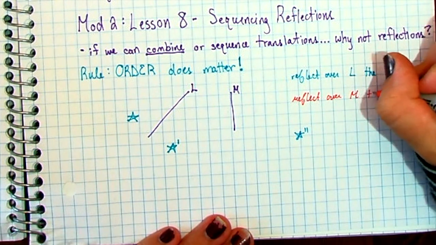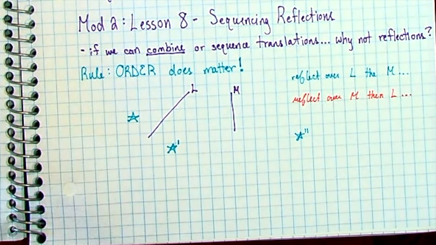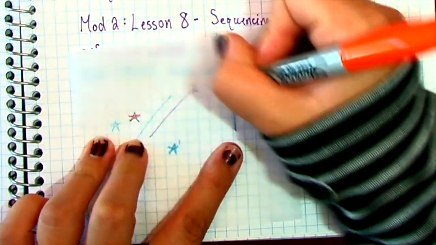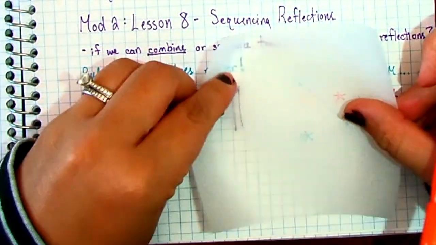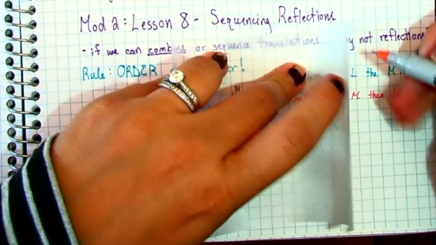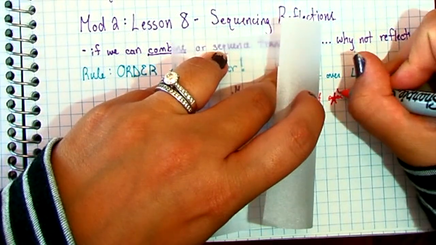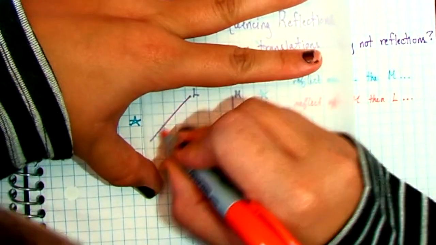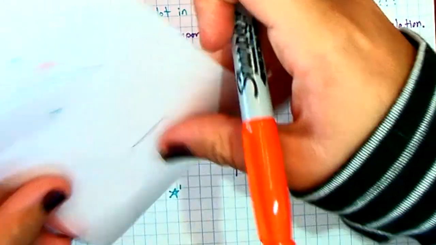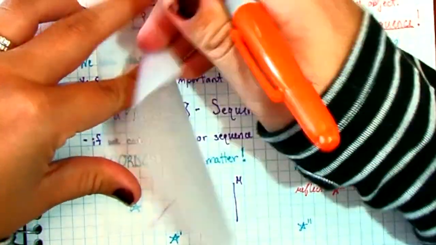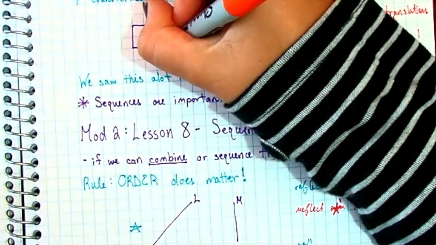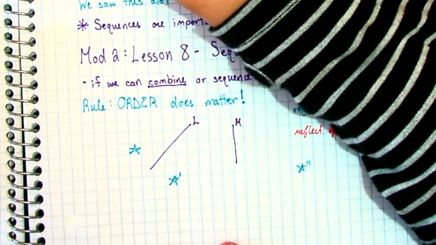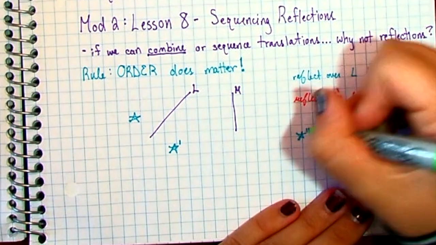Now I'm going to reflect over the line M and then the line L, and we're going to see what happens. So I go back to my original star and my line M, and I reflect. And I'm kind of ending up in my notes here, but that's okay. That's my star prime. And then I'm going to take my star prime and reflect over line L. And when I do that, I kind of end up way up here in the top of my notes, which is a very different place than I ended up the first time I reflected.